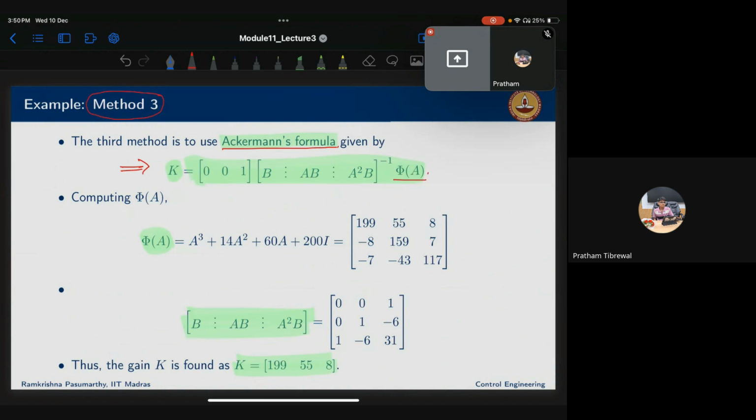First is phi of A. Phi of A is nothing but the characteristic equation of the A matrix, which is the determinant of sI minus A. So this is phi of A. Next, this is the controllability matrix we calculated. Then you can find K as 199, 55, 8 with the calculations. Is this clear? This is method 3.